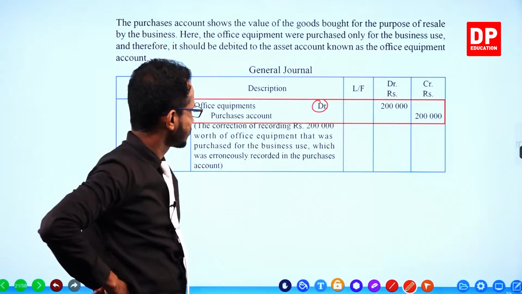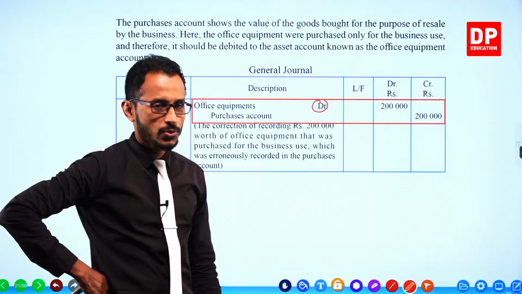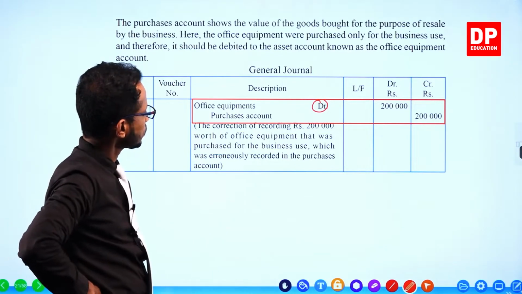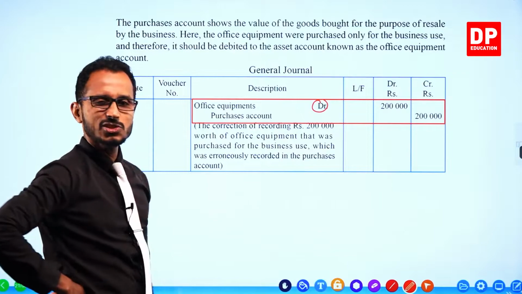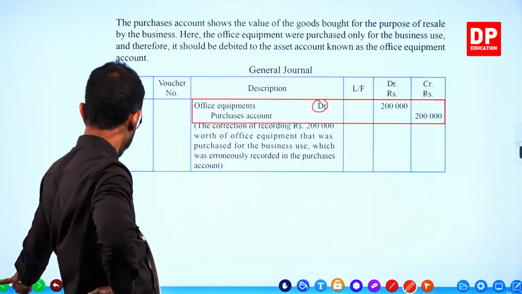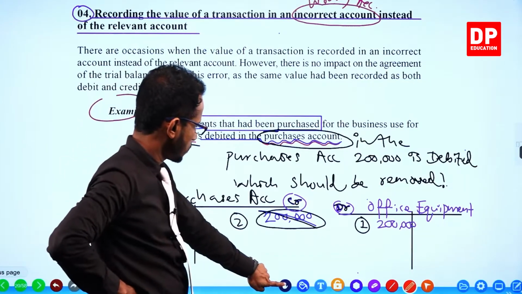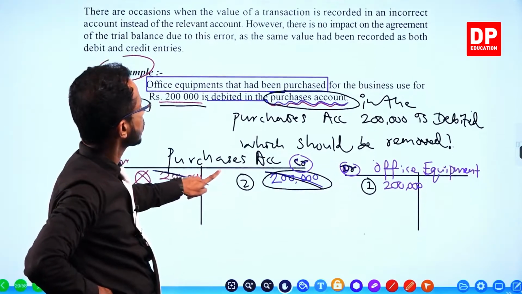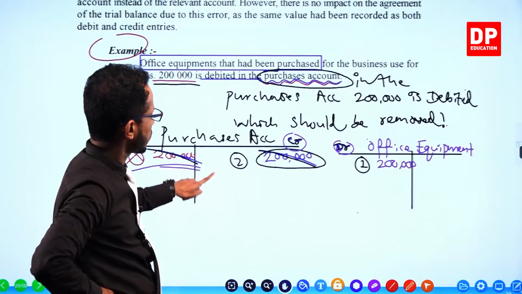Long narration. Okay. Well, you can make it shorter. But just check the double entry. This is the first entry. I have marked with numbers.